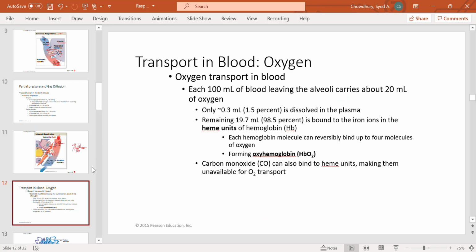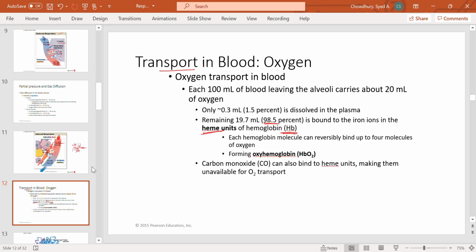Okay. Transport of blood. How is the blood transported? We know that blood transports the gases, oxygen and carbon dioxide. So how does blood transport O2? About 98.5% of O2, or oxygen, is transported by the hemoglobin. And in the hemoglobin you have heme.